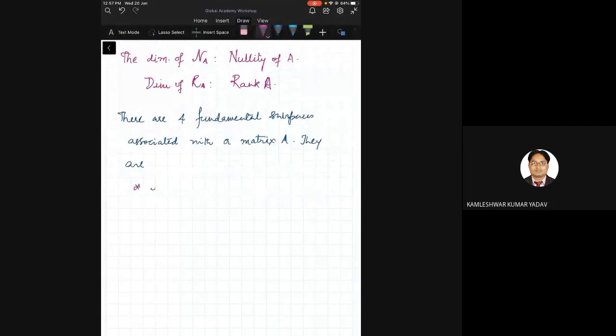They are null space of A. There's a name for this. It is also called as kernel of A. Then we have null space of A transpose.